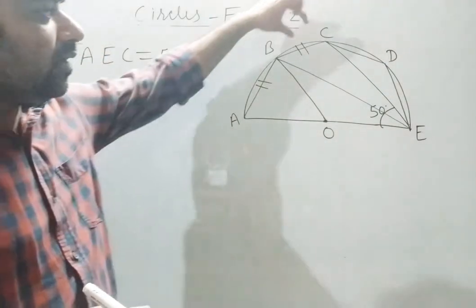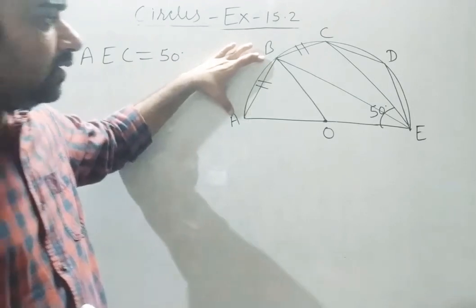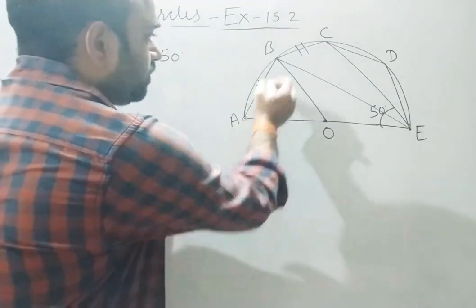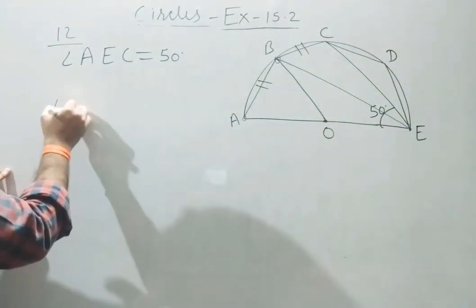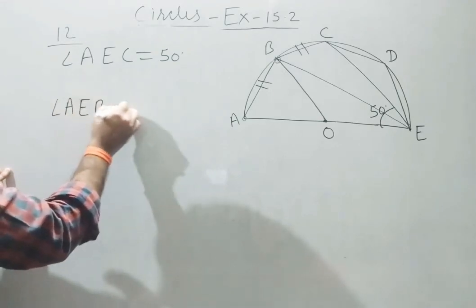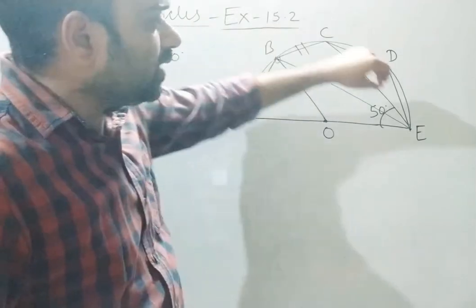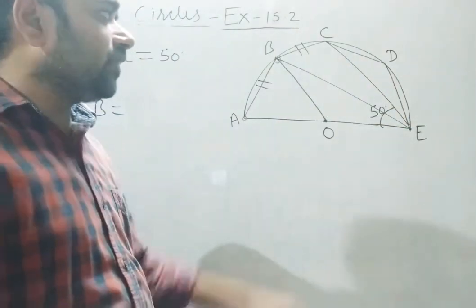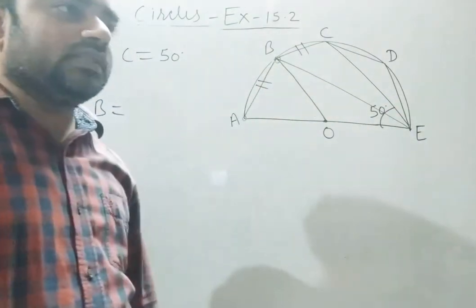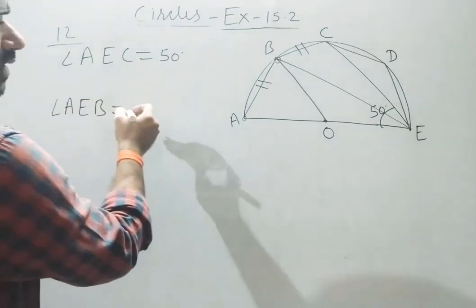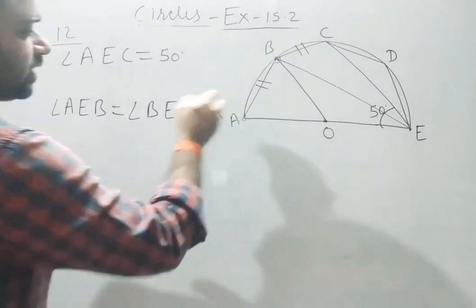So if AB equal to BC, what is the angle subtended by AB chord at the circumference? A and B are joined to E. It means angle AEB. Correct? And what is the angle subtended by chord BC at circumference? That is E. It means BEC. It means AEB is equal to angle BEC. We can take both as x.